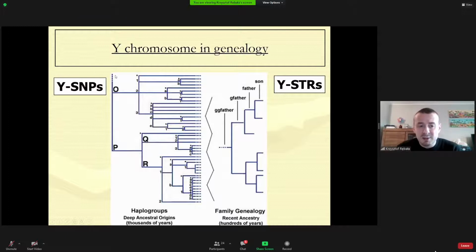This is the ancestral origin based on the Y SNPs, and of course we can also use it to trace family genealogy, recent ancestry based on hundreds of years, and the YSTR markers are especially useful to reconstruct the recent paternal ancestry.